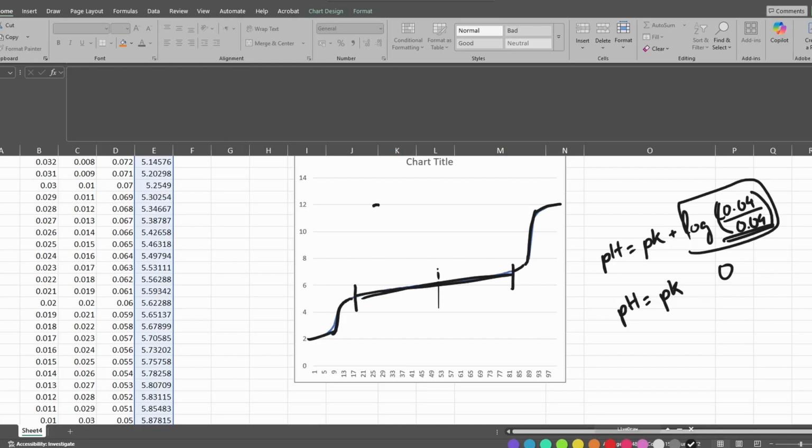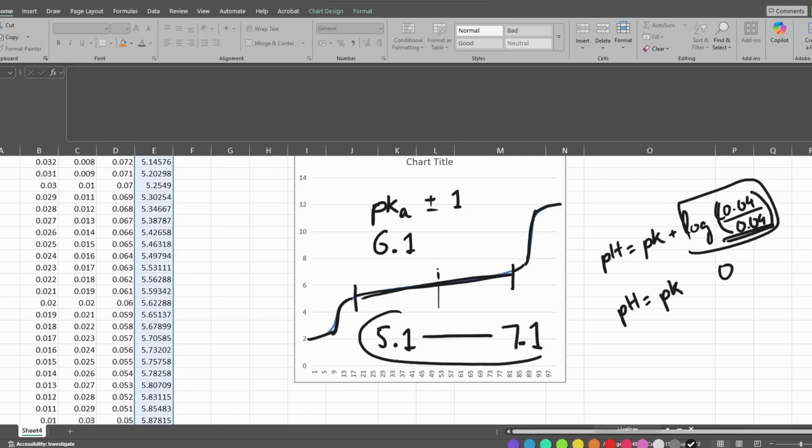So basically pKa plus or minus 1 unit, so if it is 6.1, from about 5.1 to 7.1, this is the buffering range.